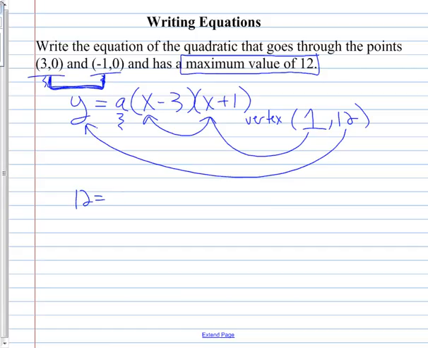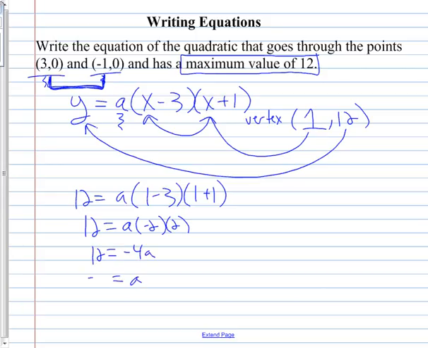So that would be 12 equals a(1 minus 3)(1 plus 1). So 12 equals a times negative 2 times 2. So 12 is negative 4a. Divide by negative 4, and a is negative 3. That's not our answer, that's the a value.